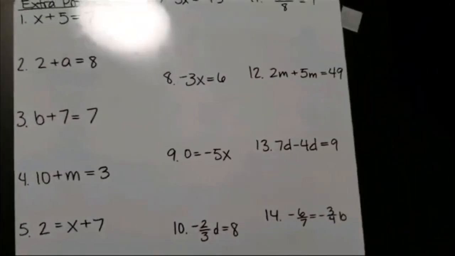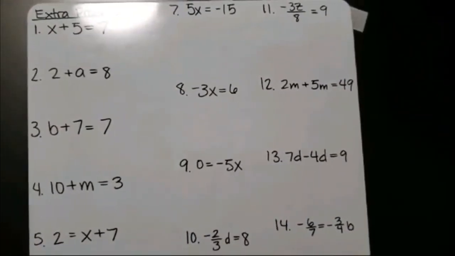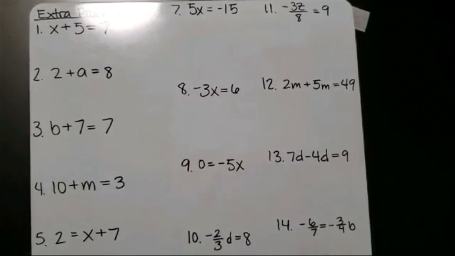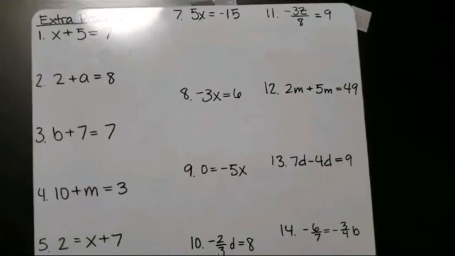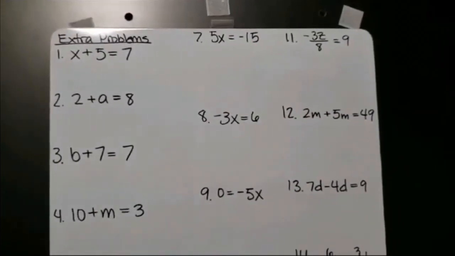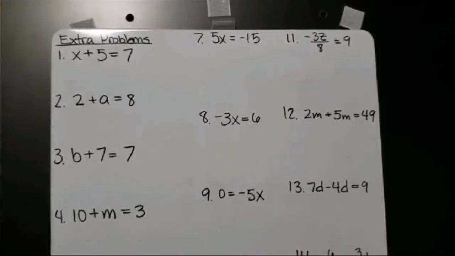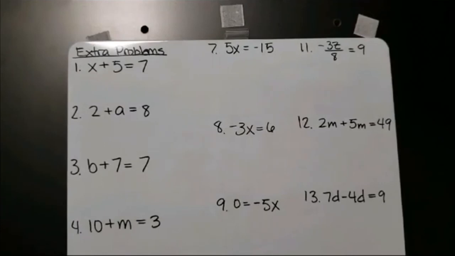So what you guys just learned is the basics on how to move things across the equal sign using the opposite operation. If it's addition, you move it by subtracting. If it's subtraction or negative, you move it by adding. If it's being multiplied, you move it by dividing. And if it's being divided, then you move it by multiplying.